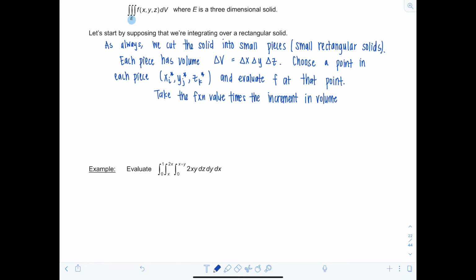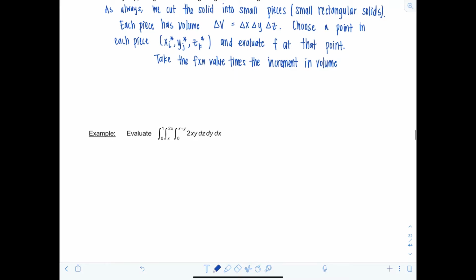So you would add these all up. So you would take the sum, k equals 1 to infinity, sum, j equals 1 to infinity, sum, i equals 1 to infinity, f of x sub i star, y sub j star, z sub k star, times your delta V. So basically this is adding them all up.